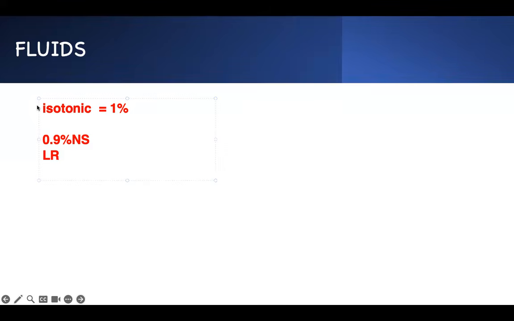And then this one, D5W, this is the same as 5% dextrose in water. This is isotonic when it's in a bottle sitting on the table. Yeah, it's an isotonic solution.